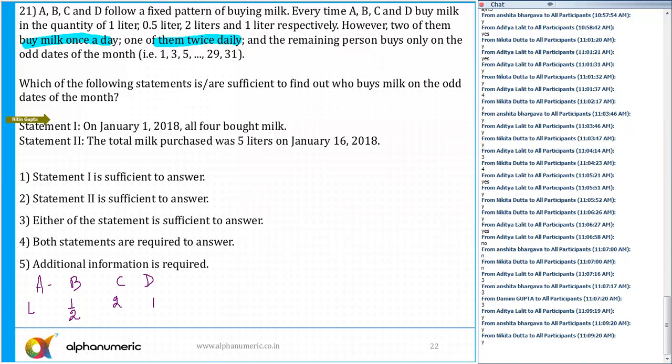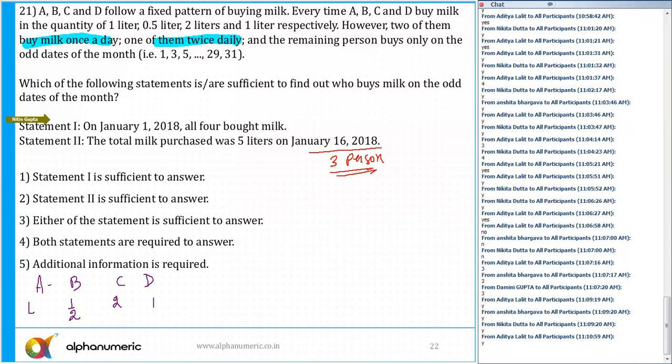Second says the total milk purchased was 5 liters on January 16, 2018. How many persons will buy milk? It's an even date, so can you say a total of 3 persons will buy milk? Yes or no? Because one person always buys milk only on the odd date. And they bought 5 liters together.